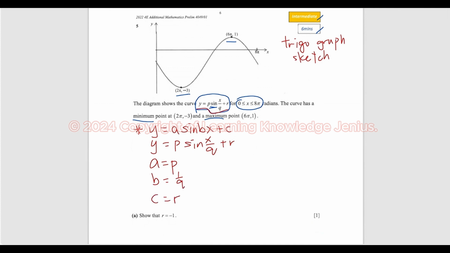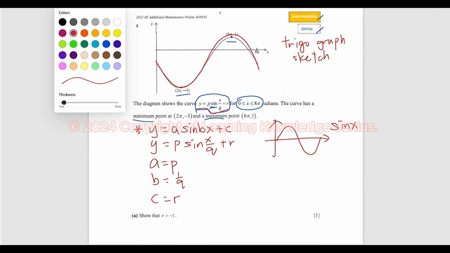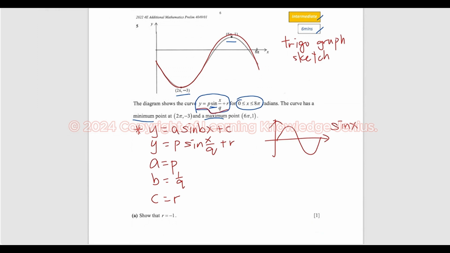Another thing to take note of is that our usual basic sine graph looks like this for one full cycle. So this is the sine x graph. But do you notice from our diagram here that it is actually a flipped graph. You will expect a flipped graph when you have a negative sine x.